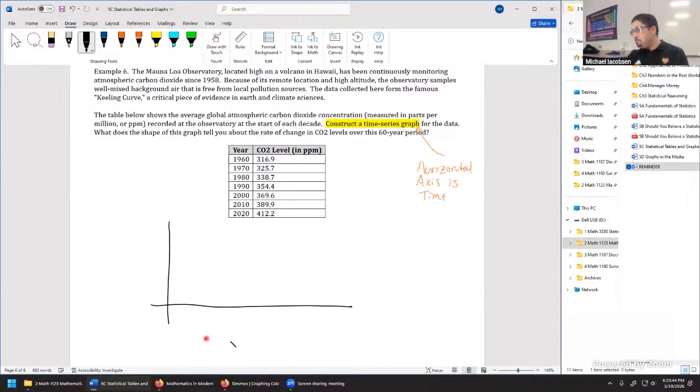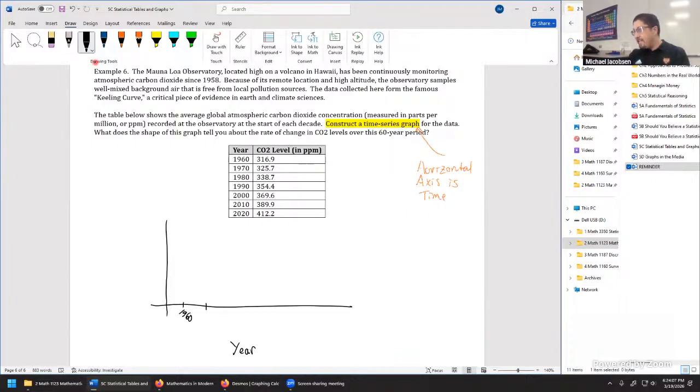Let's give it a name. This is year. We're going to start it off in 1960. Let me see if I can make this look just a little bit nicer for the axis. So I'll make the first tick mark right here be 1960. Let me go sideways to try to fit this in better.